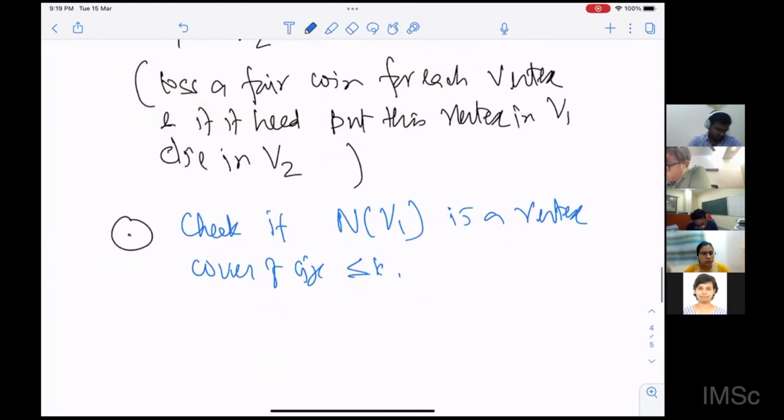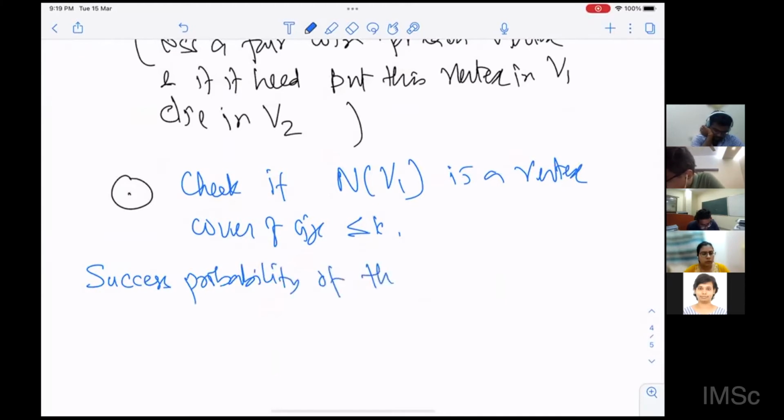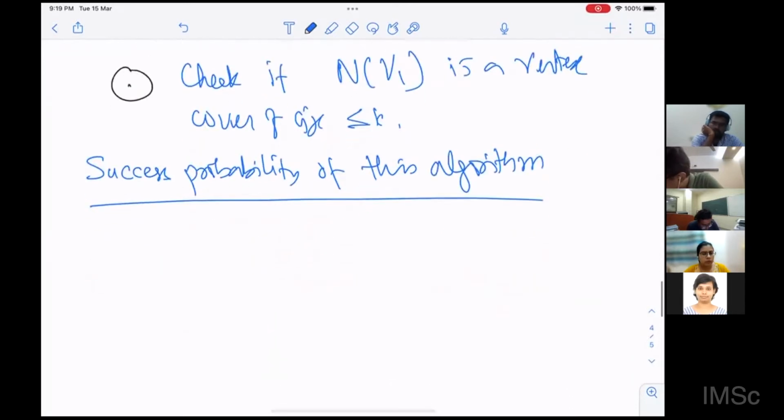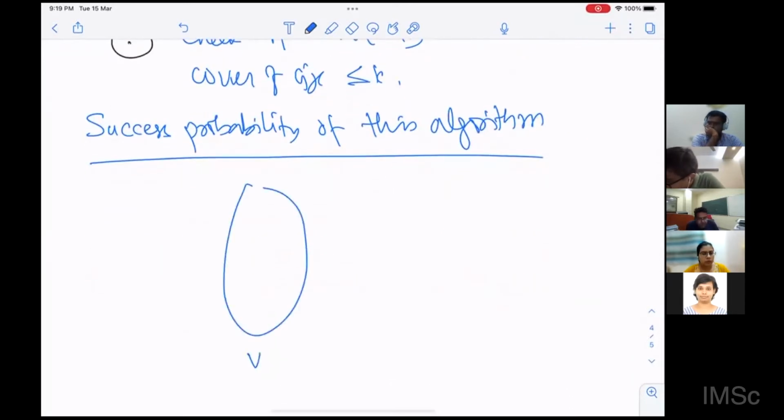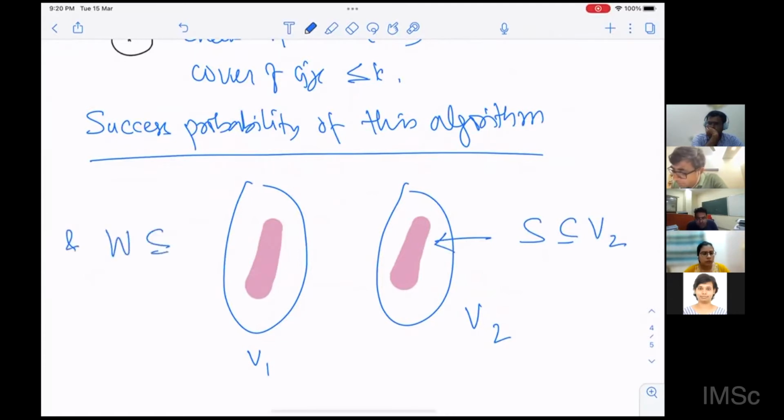Now, what is the success probability of this algorithm? I asked, what is the probability that S is a subset of V2 and W is a subset of V1?